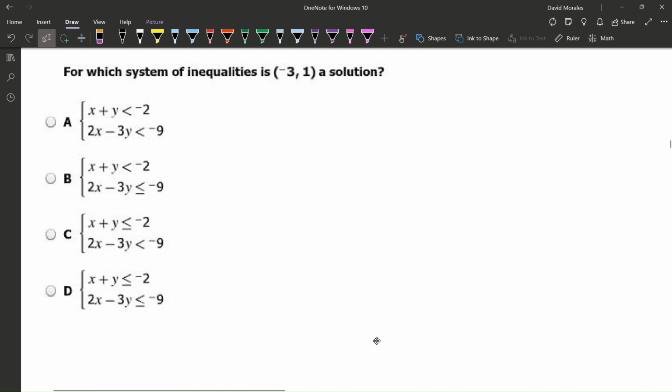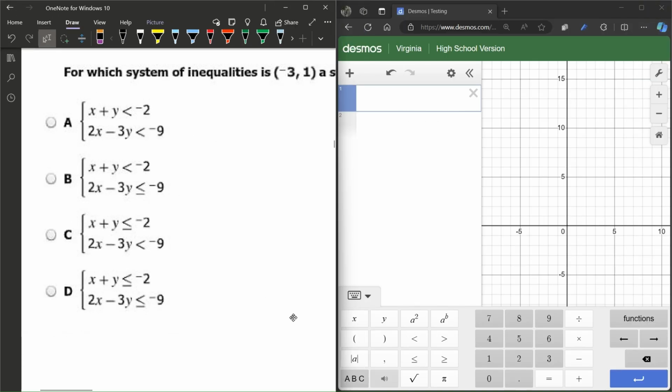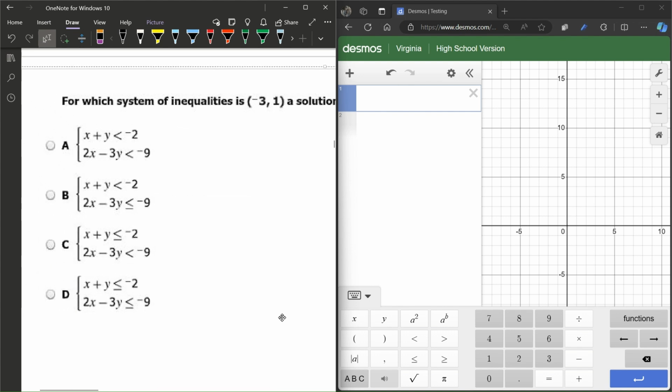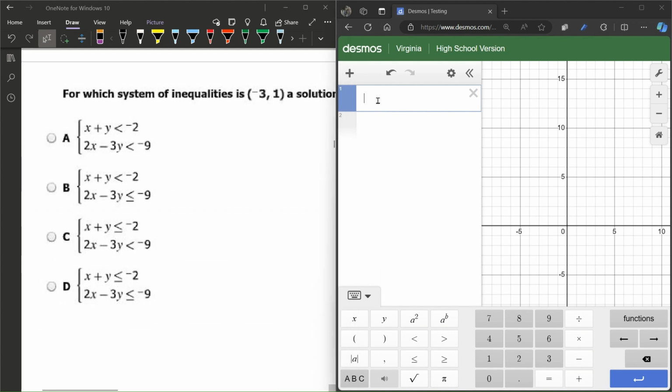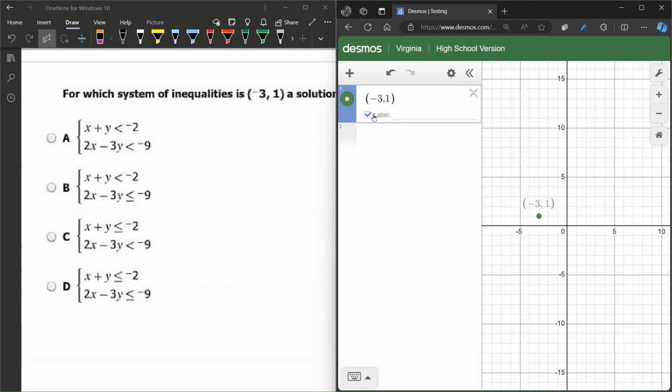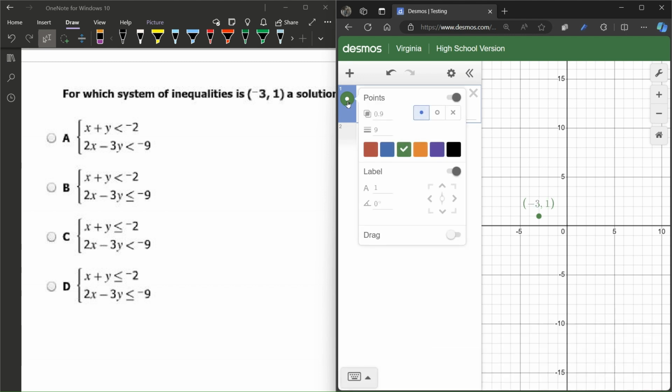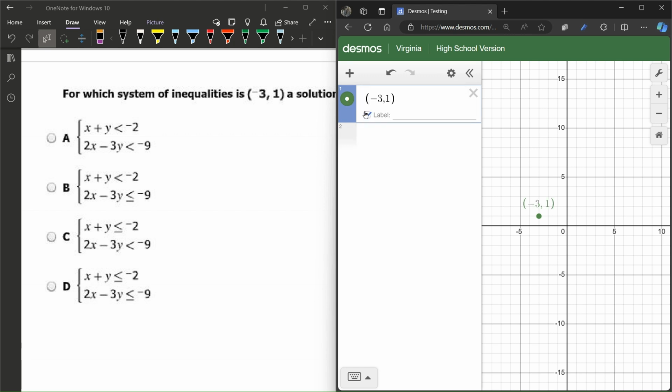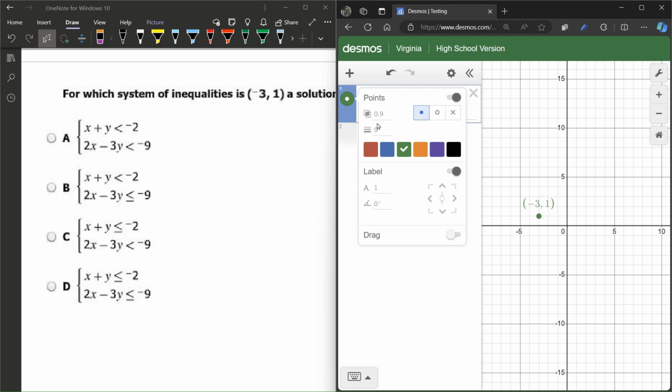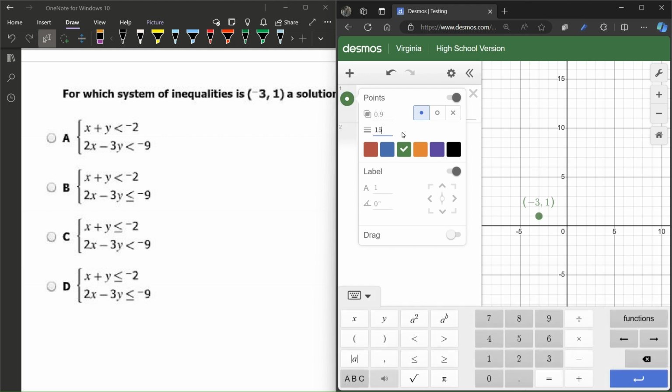So let's go ahead and type in the point from the question, (-3, 1), into Desmos. Make sure that you click label. I'm going to click and hold and make this point pretty big so that it's easier to see.